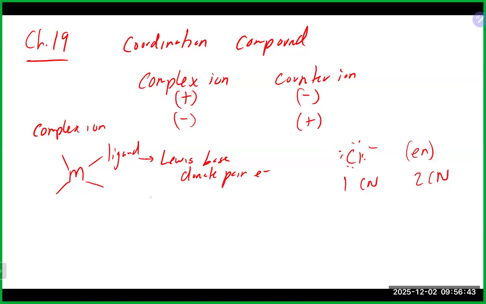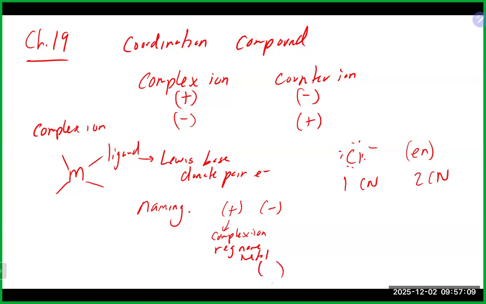We talked about naming these, and remember the naming involves the complex ion part and the counter ion part. We always do the positive one first, then the negative, like a traditional ionic compound. If your complex ion is the positive one, then you use the regular name of the metal.